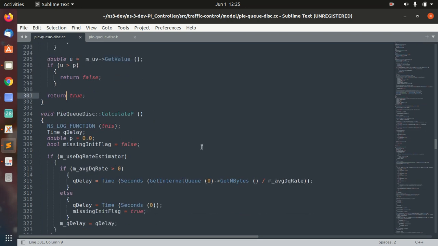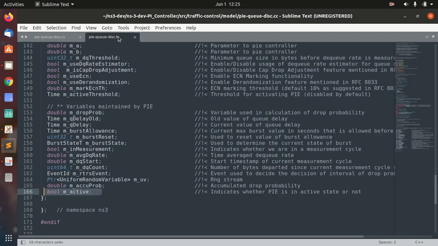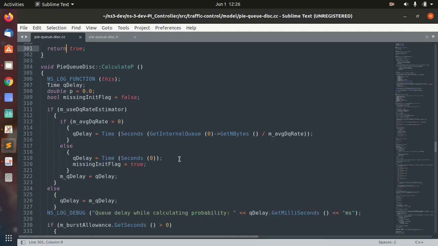Now let's come to the calculate p function. Basically it calculates the probability over a certain interval period, and the period is defined by this t update time. Every time it is called, first it checks if the DQ rate estimator is enabled or not. If it is enabled, we use that average DQ rate to calculate the current queue delay. It is calculated by the current queue size divided by the average DQ rate, and we get the queue delay.